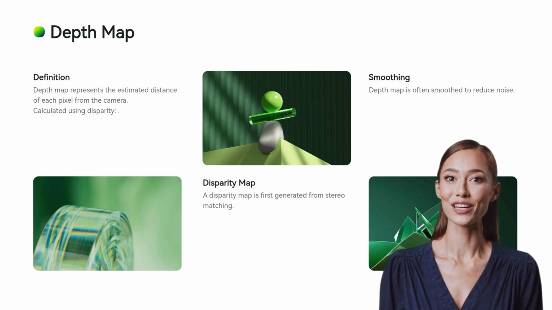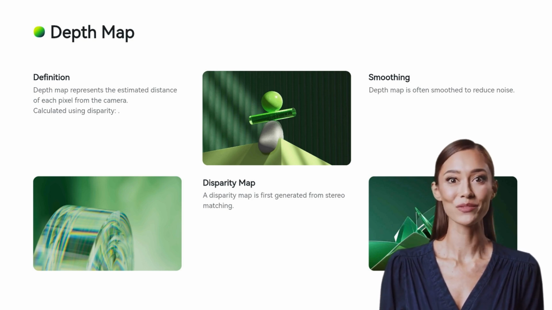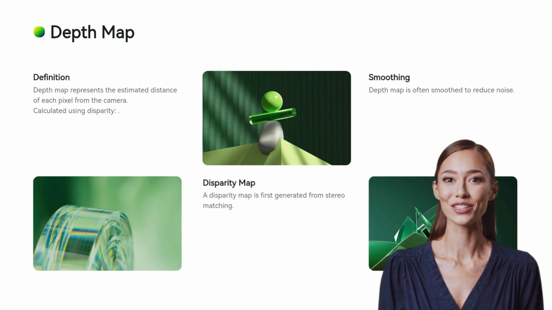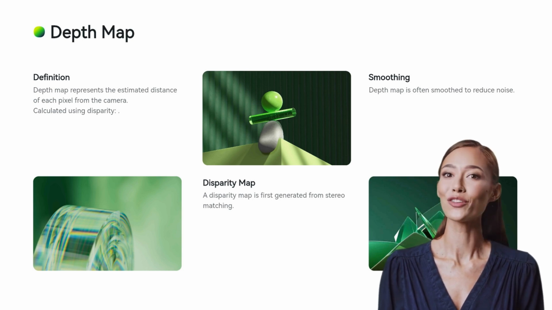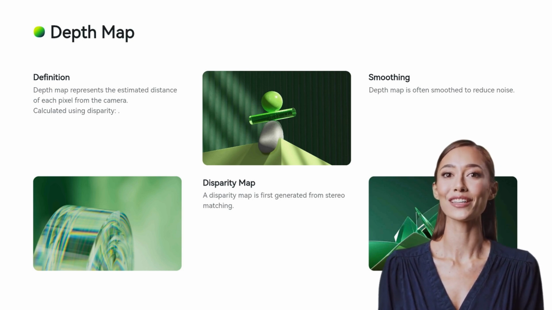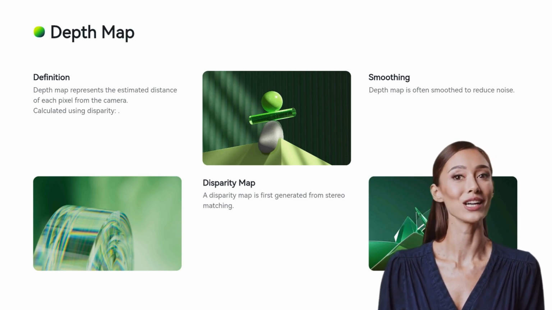The disparity map generated by stereo matching contains the horizontal pixel shifts between the two images. After obtaining the disparity map, a depth map is created. However, raw depth maps can contain noise, especially in regions with low texture or occlusion. To improve the quality of the depth map, post-processing steps like smoothing and filtering are applied.